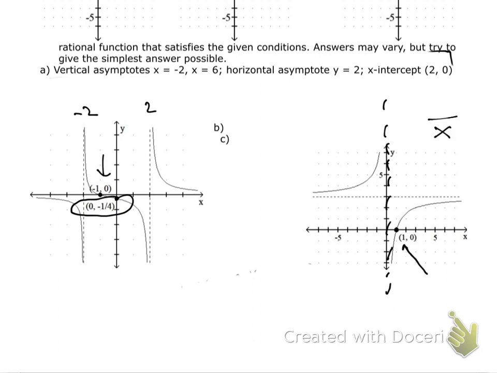It's got an x-intercept of 1, so x minus 1. That's all I can see so far. But look, it's got a horizontal asymptote of 3. If I leave this like it is, that gives me a horizontal asymptote of 1, because the order is the same. So I need to make this 3. If that needs to be 3, then that needs to be 3, all right? And that, I believe, should be the answer.